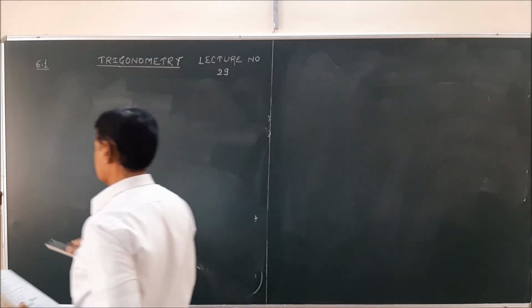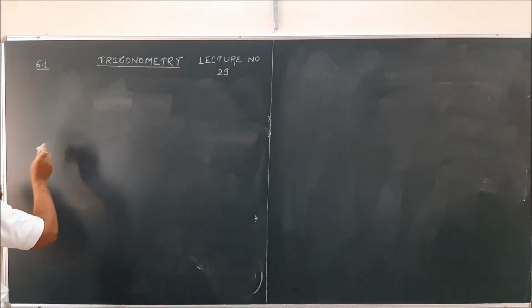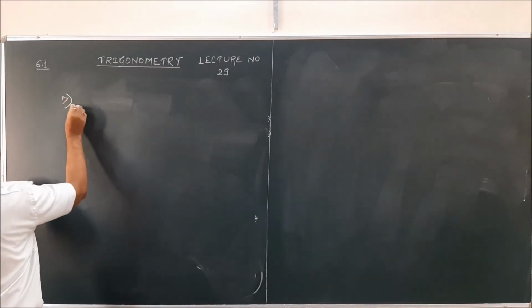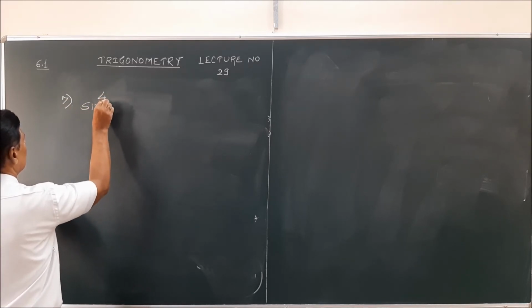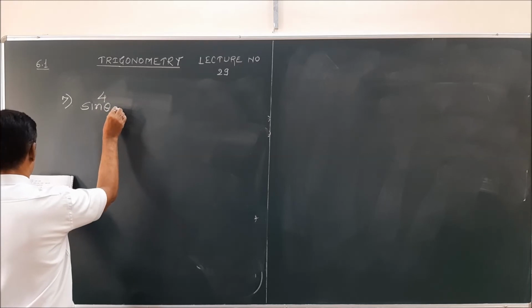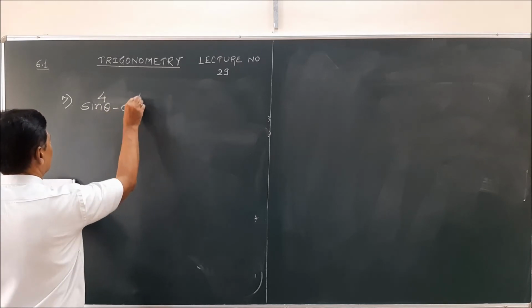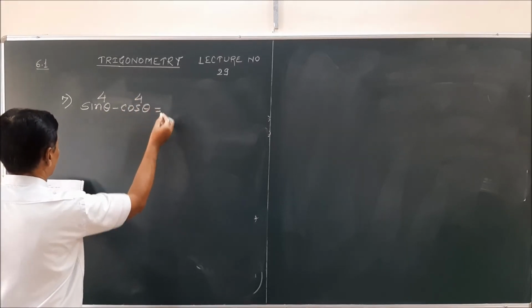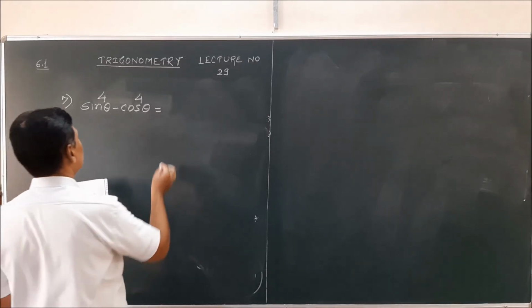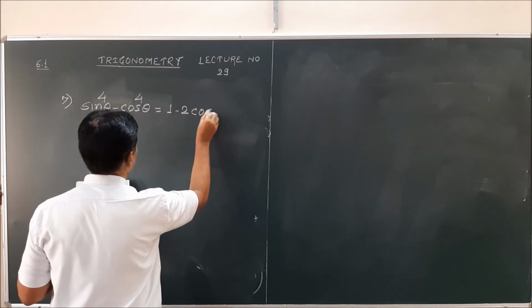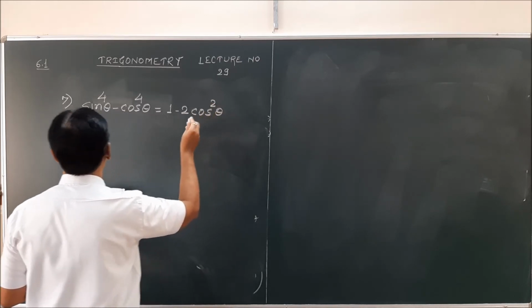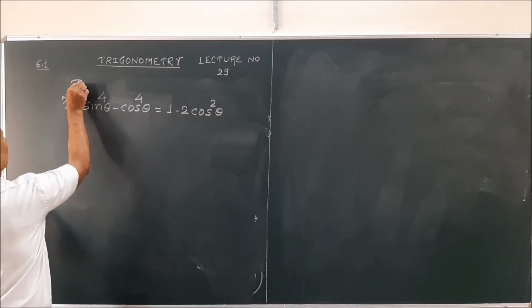So question number 7. Sin raised to 4 theta minus cos raised to 4 theta is equal to 1 minus 2 cos square theta. Prove that.